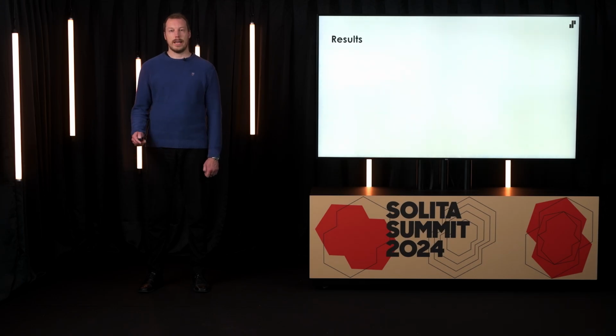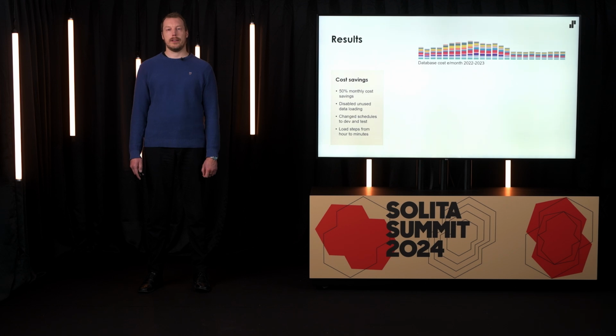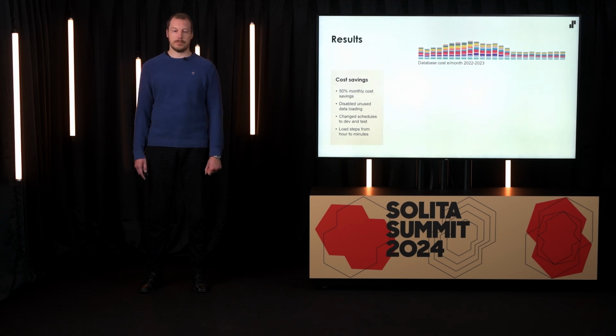So we did cost savings and they were huge. We halved our monthly costs. We found data sets that were loaded but not used, so we disabled those data loadings. We changed schedules in our test environment and actually we removed all schedules from our dev environment.